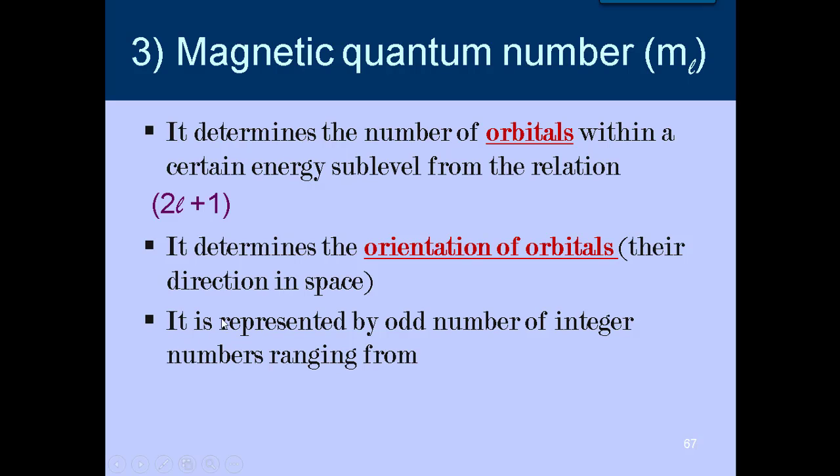It is represented by integer numbers ranging from negative L to positive L, where L is the subsidiary quantum number. So the magnetic quantum numbers take a range from negative L to positive L.